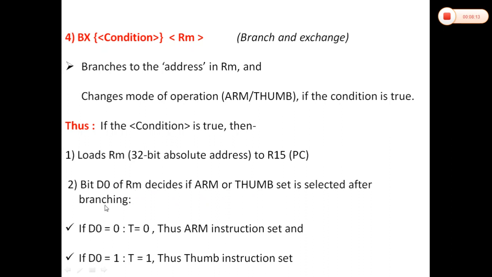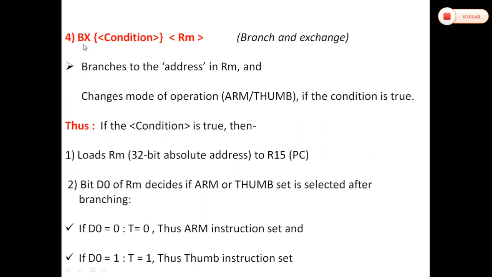Typically when bit D0 of the register RM is 0, then the thumb bit is reset to 0, and therefore the processor remains in the ARM mode after the branching. And if that bit is 1, then the thumb bit is set to 1, and therefore the mode is changed to thumb mode, and therefore after the branching, the instructions which the processor is supposed to execute should be thumb instructions.